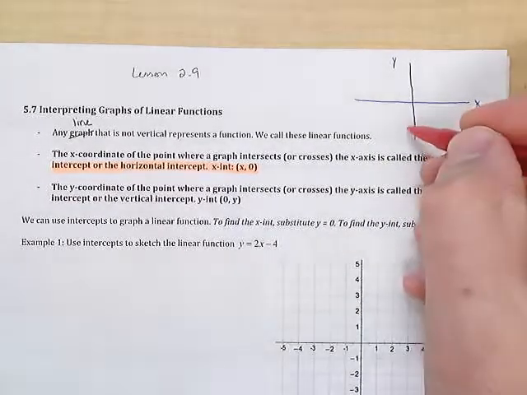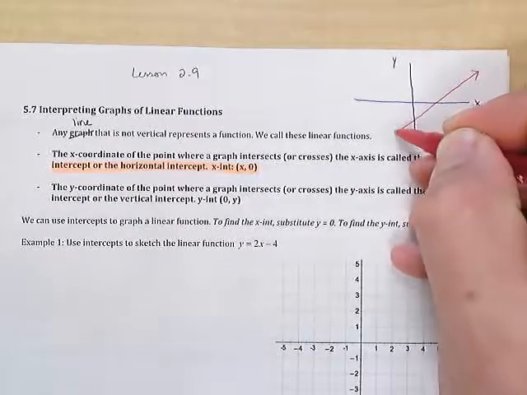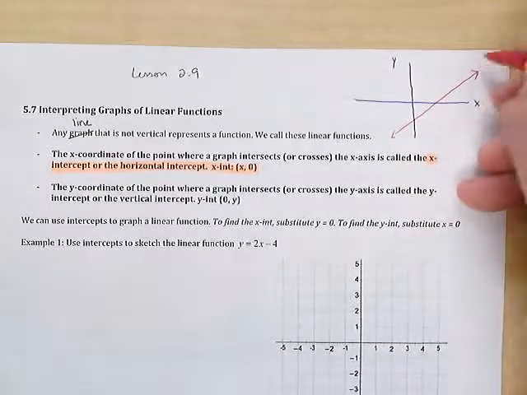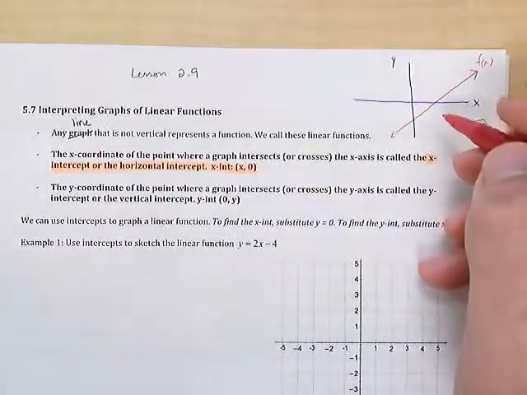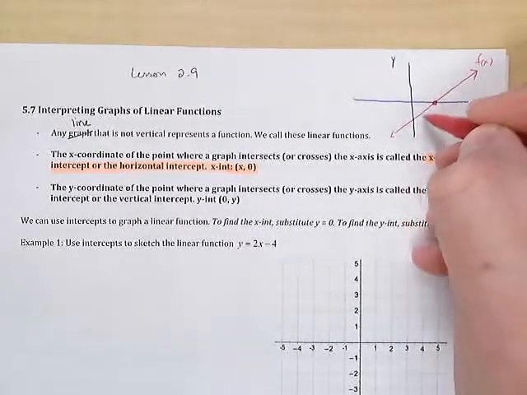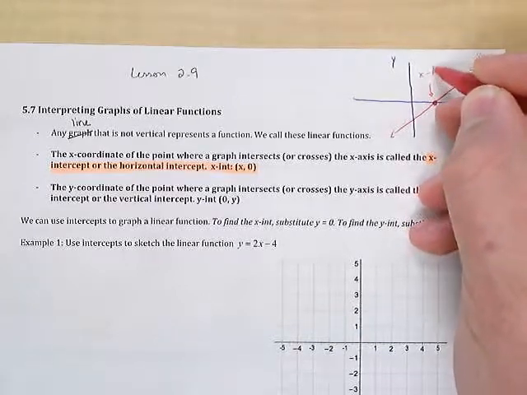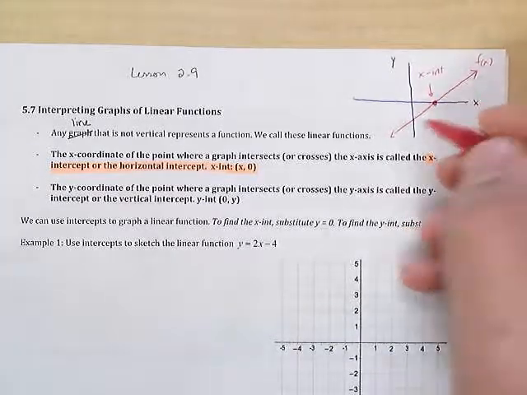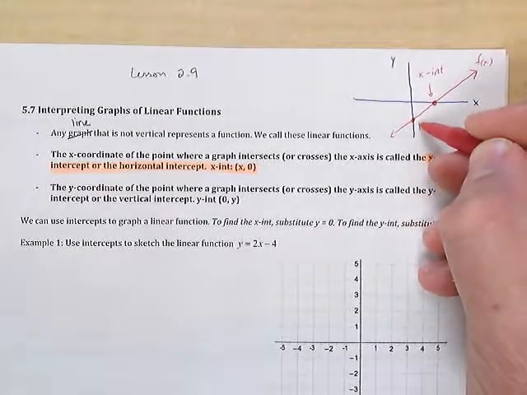So let's say we have a line that goes like this. And this is a line f of x. We know that here, right, it crosses the x-axis. So this is called the x-intercept visually, right? And this point right here is called the y-intercept.